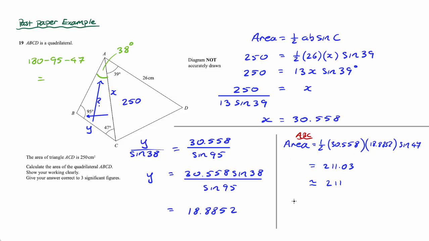So then area ABCD, which is the quadrilateral, is 211 plus 250, which is 461 centimeters squared. Okay, that's it, guys. That is the past paper example, and that is area of a triangle.